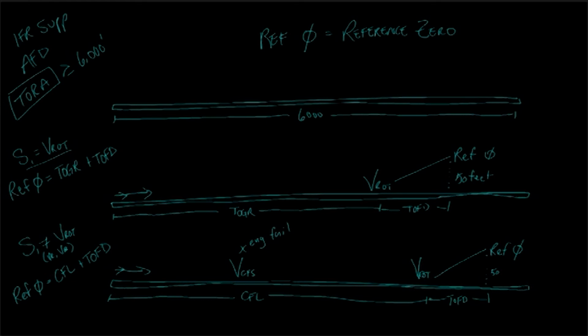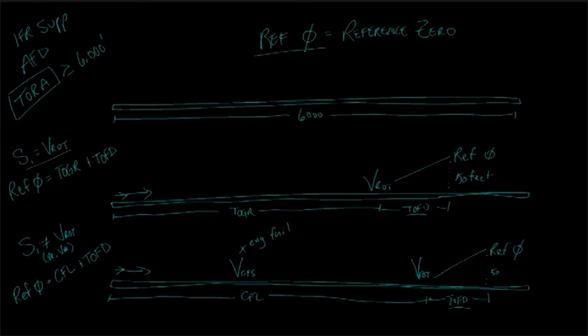Notice here that when S1 equals rotate and when S1 does not equal rotation speed, we still use takeoff flare distance. That doesn't change because takeoff flare distance assumes one engine inoperative once we've hit our rotation speed and rotate to take the aircraft airborne. So to summarize, when we calculate our distance to reference zero, we have to consider whether or not S1 is equal to rotate.